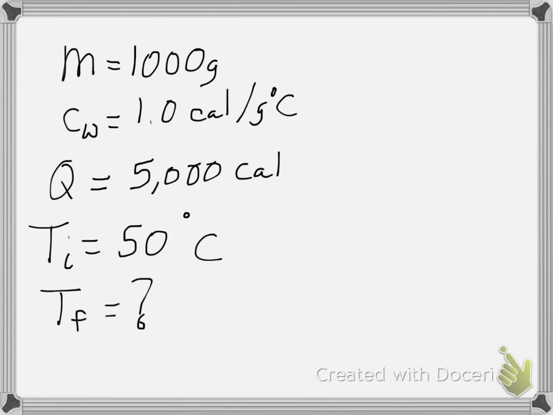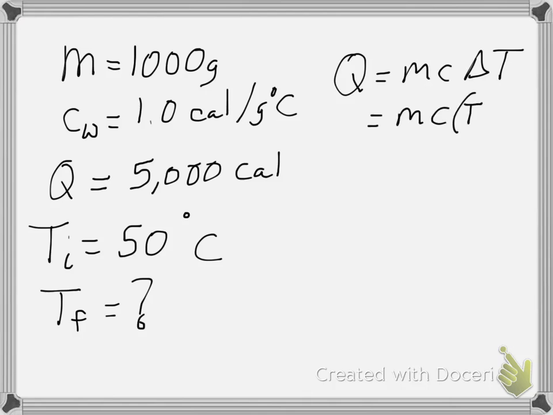Okay, so we start out with our equation, Q equals mc delta T. And this time I need to write out Tf minus Ti, and I need to solve for Tf. So to do so, I need to divide both sides, because this parentheses is an order of operation.